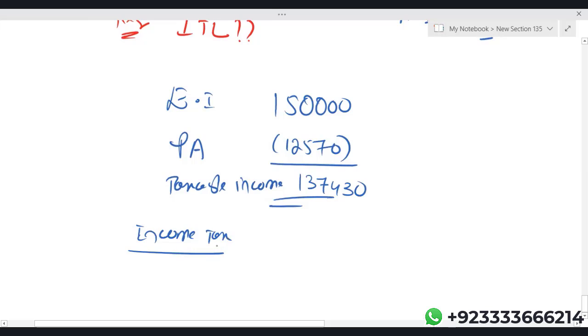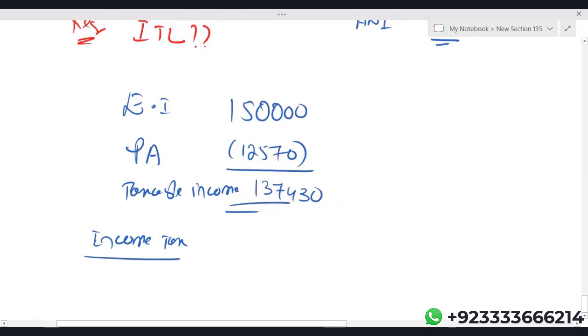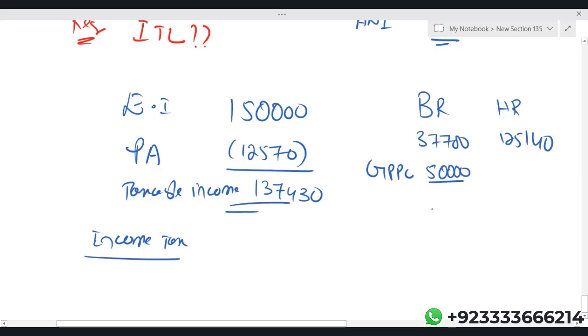Obviously, the basic as well as high rate band limits will increase. Basic rate band, high rate. It is 37,700, 125,140. Gross PPC will increase both the limits, and gross PPC is 50,000. So 87,700.